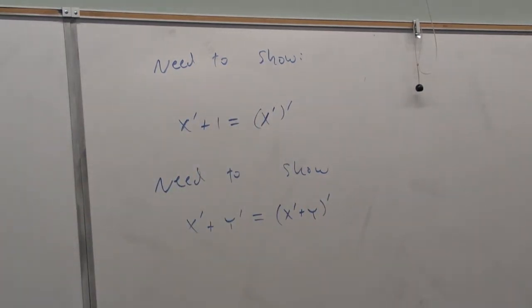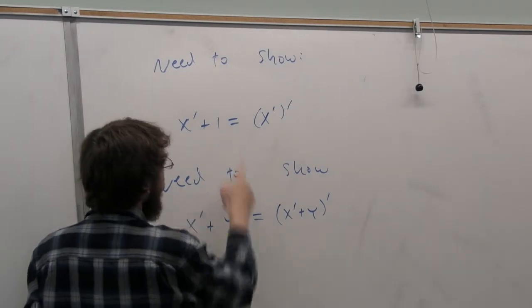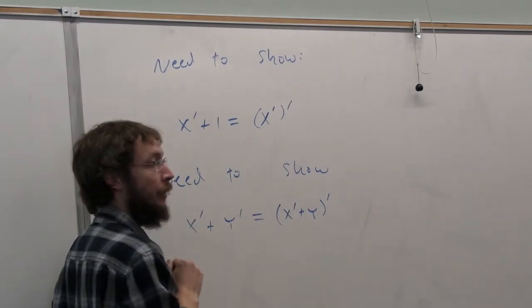Because that's what this property says. It says whatever this number is, if you add a successor to that, it has to be the same as adding the numbers and taking the successor. So these are the two properties that we need to satisfy. And whenever we have addition defined in that way, that's what these two properties look like.